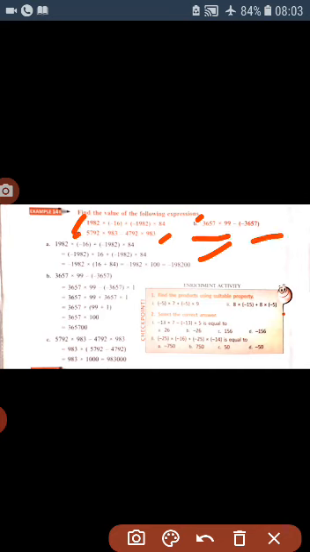In all the questions, first understand which one is the common number, take the common, the remaining numbers are added, or for the next one subtracted. That is the basic property: a into B plus C is equal to a into B plus a into C. Another one, subtraction: a into B minus C is equal to a into B minus a into C. This is the distributive property.